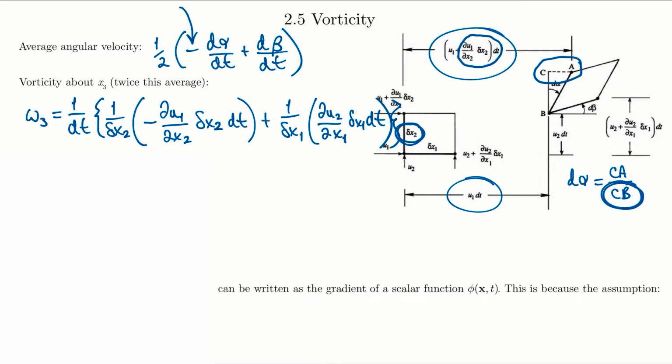Then we multiply through and simplify all that, so the dt's multiply all the way through, delta x2 is delta x1, same thing, and in the end we are left with this simple expression.